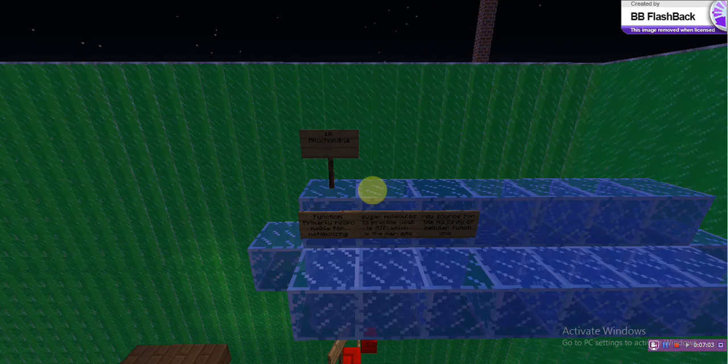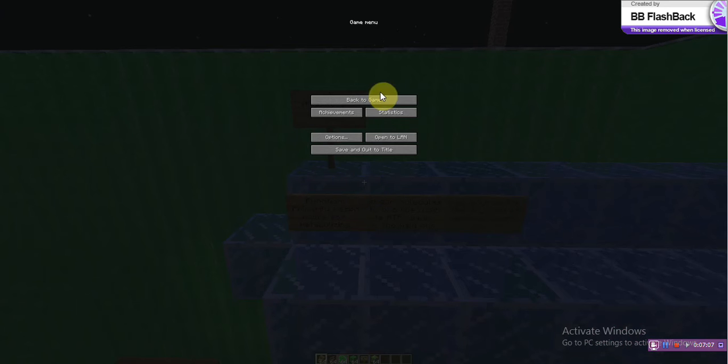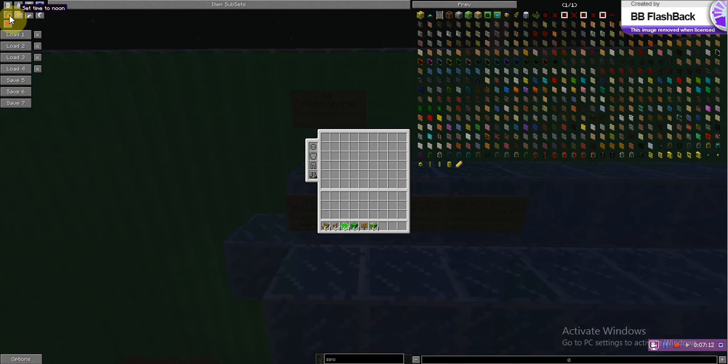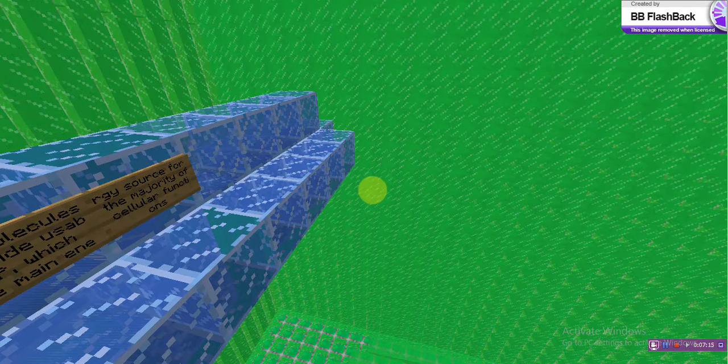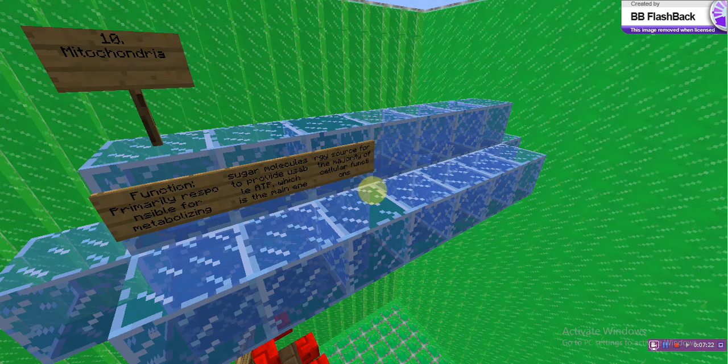Okay, next we have the mitochondria, which are these blue things I have floating around here. Function: primarily responsible for metabolizing sugar molecules to provide usable ATP, which is the main energy source for the majority of cellular functions.